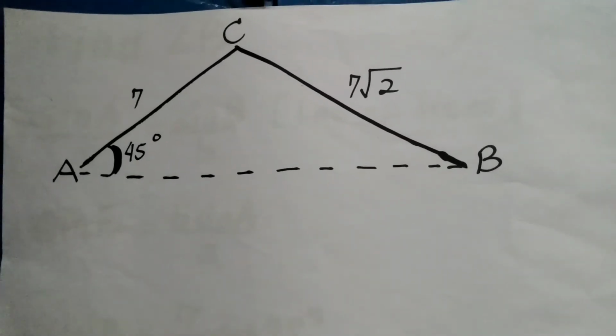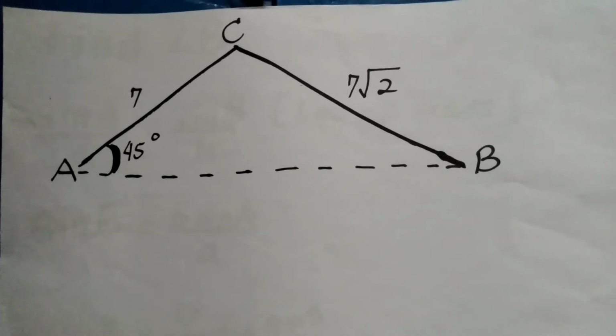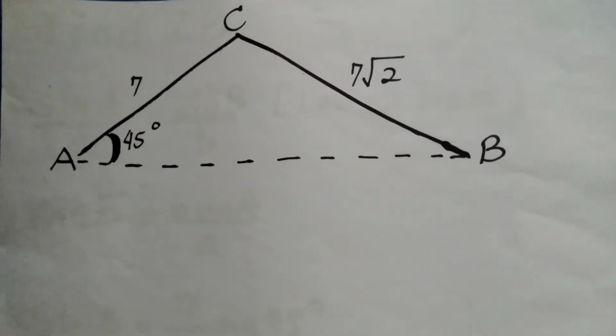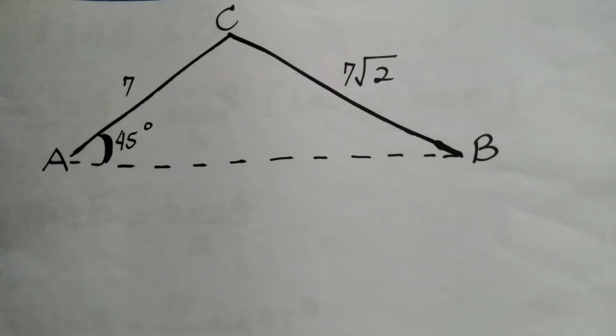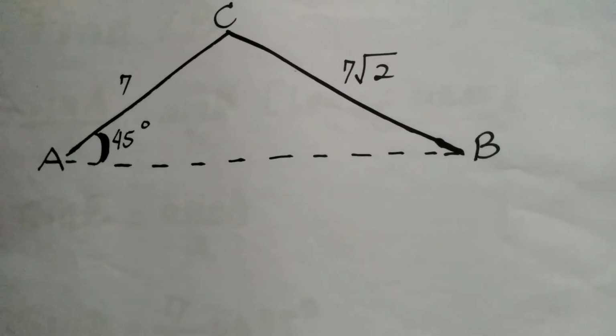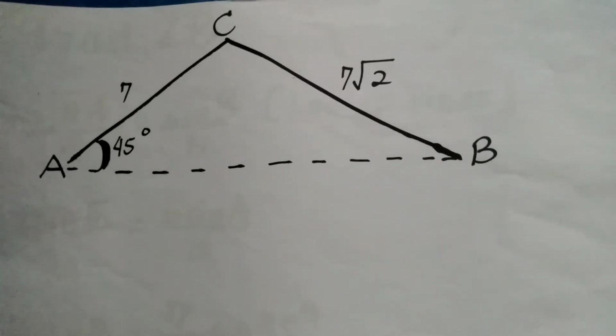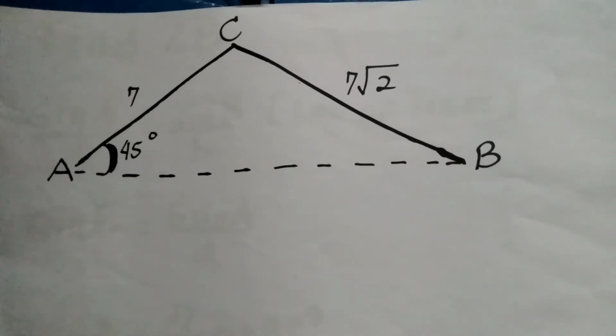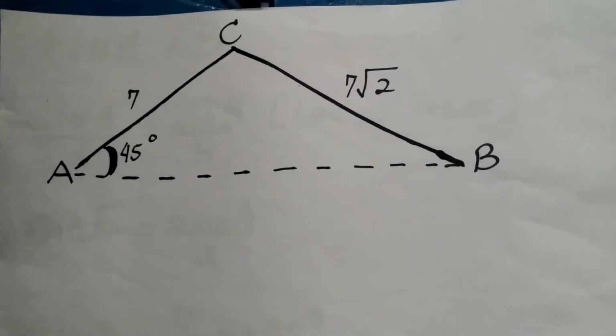The angles B and C are unknown, but the opposite side of angle B is known, which is 7. So that is how we sketch the triangle ABC, where angle A equals 45 degrees, side a is 7 square root of 2, and b equals 7.